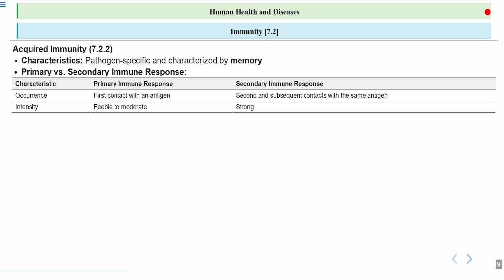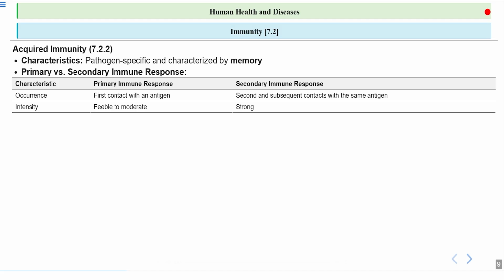Now, the primary immune response occurs upon the first encounter with an antigen or a pathogen and is typically feeble to moderate in intensity. The immune system must identify the invader and begin creating specific antibodies and memory cells. Clear?